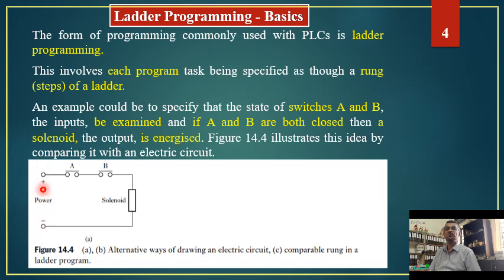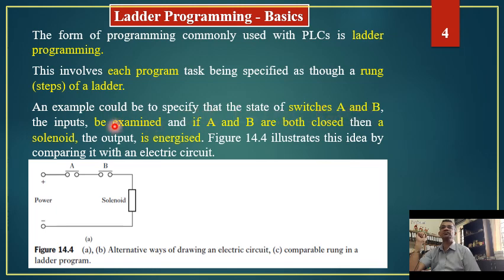So two terminals of the power supply we can see, and then there are two switches, switch A and switch B. The circuit also has a load which is specified as a solenoid in this particular case. So the solenoid is the load.